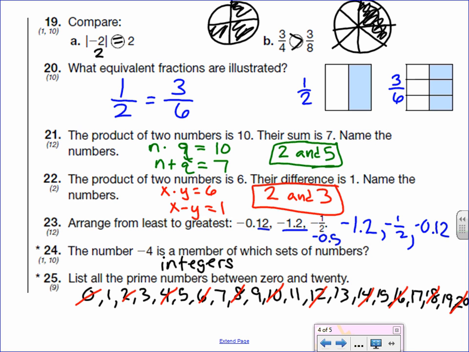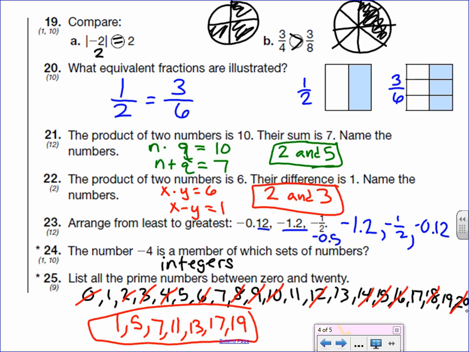Then let's go through and find the ones that I can divide by 3. I can divide 3 by 3, 9 by 3, and 15 by 3. And that leaves us, in this case, with our prime numbers. So 1, 5, 7, 11, 13, 17, and 19.